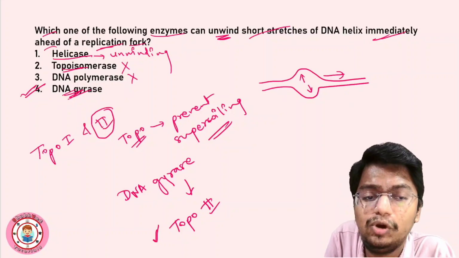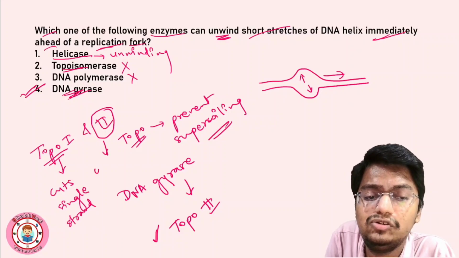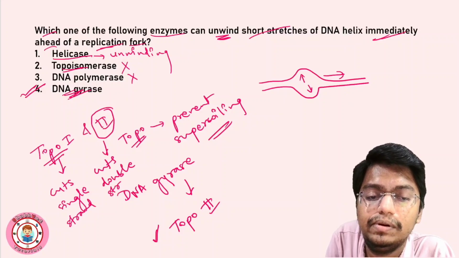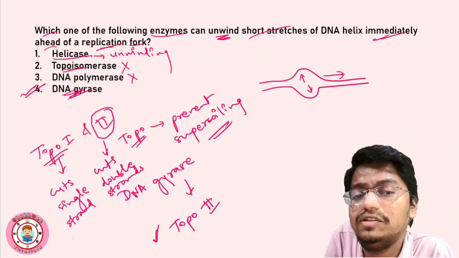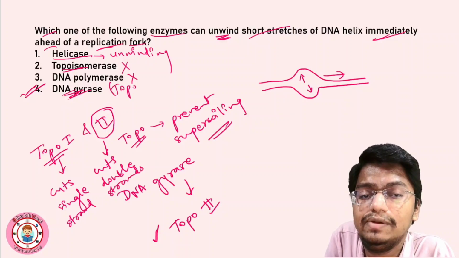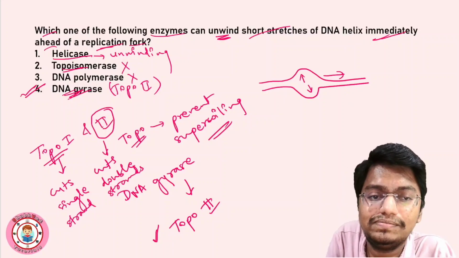Okay, topoisomerase 1 cuts single strand, but topoisomerase 2 cuts double strand, right? So ये आंसर हमें चाहिए. So DNA gyrase is basically topoisomerase 2, and thus that is the answer.